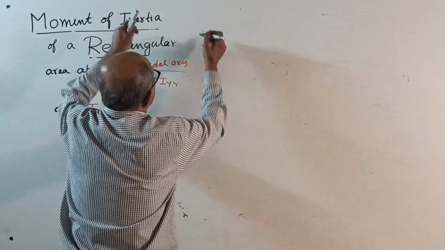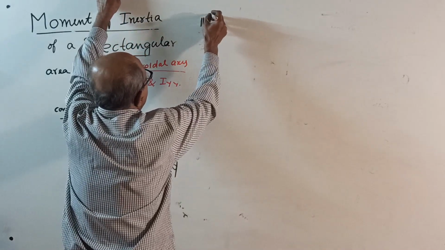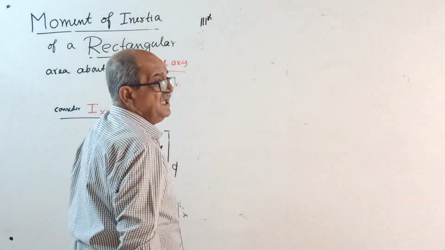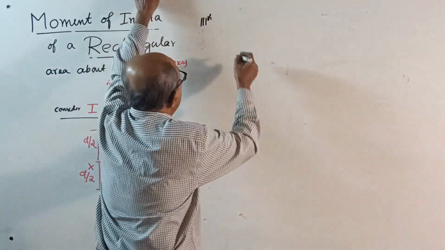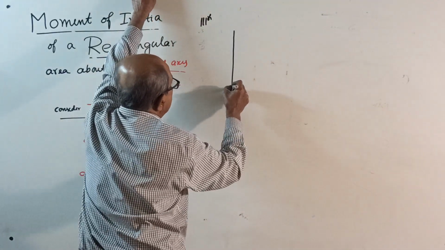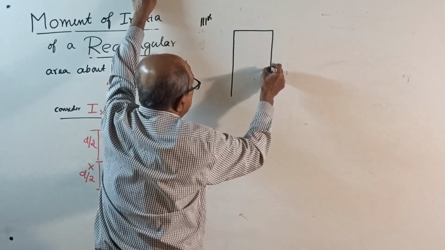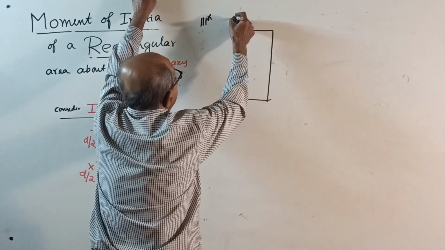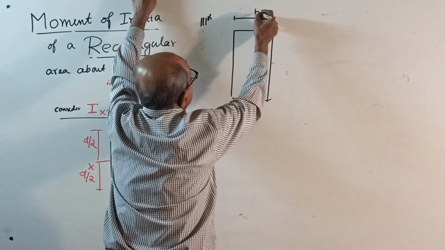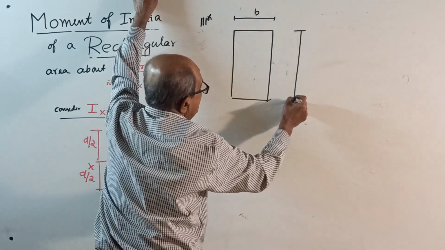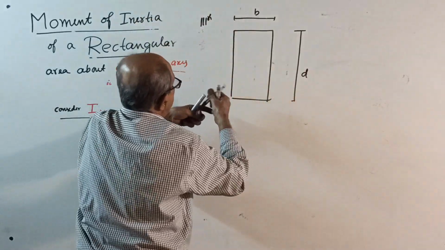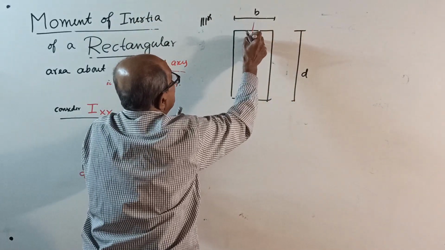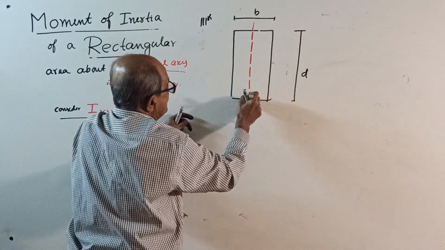Similarly, you can write here. Similarly, if I turn here, again it becomes a rectangle only. Similarly, direct answer. See, if this is the axis, B, and this is D, this is your YY, the vertical centroidal axis.